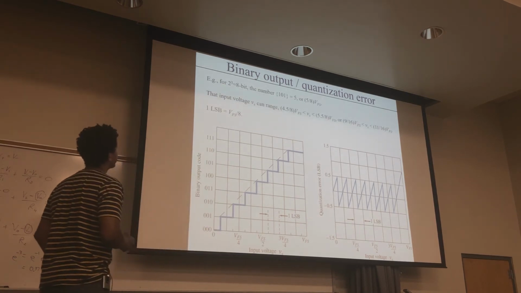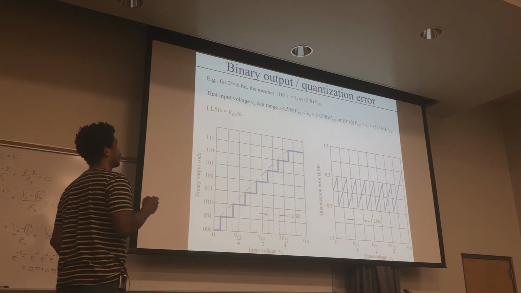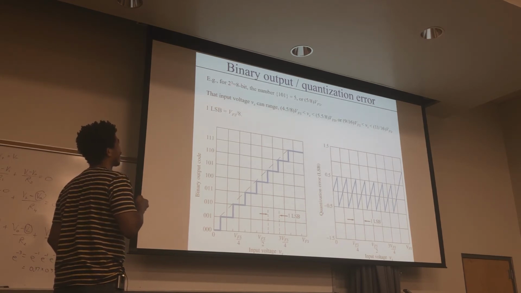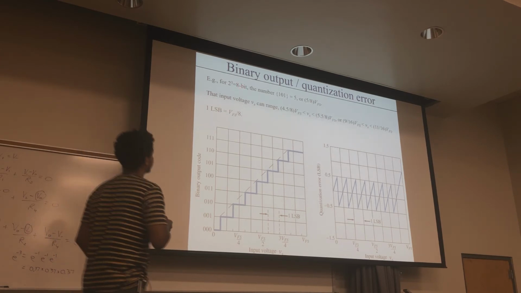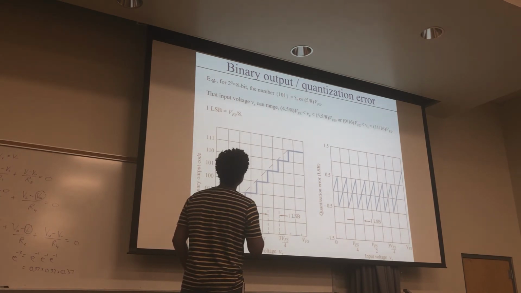Now, here's an example right here. So for a 3-bit system, it's 2 to the 3rd power. That's 8. I'm sorry, this is wrong. This has 8 values right here. Okay, but it's a 3-bit system. I'll change that. So for example, this number right here, that would be 5. Or it'll be 5 over 8, because you have 8 possible values of your full range, your full scale voltage.